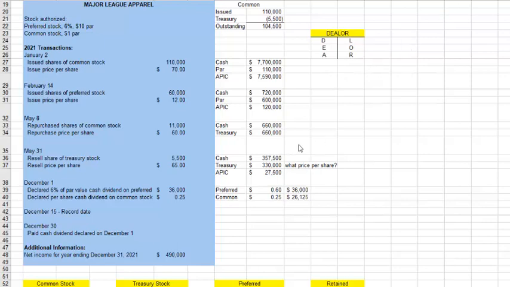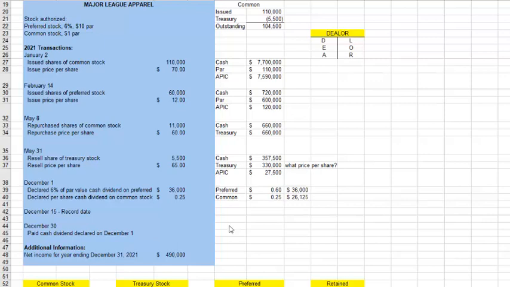Now, what are we going to do on our record date of December 15th? Record dates are very important for companies, especially public ones with lots of common stock outstanding. They need to track down all of the people that own their stocks. On the record date, there is no journal entry made. The next journal entry is made on December 30th when we pay our cash dividends.